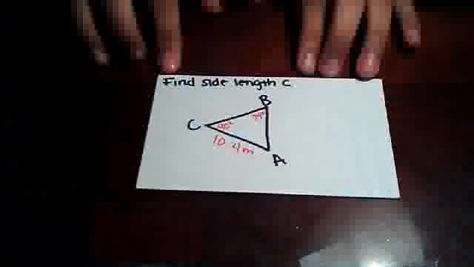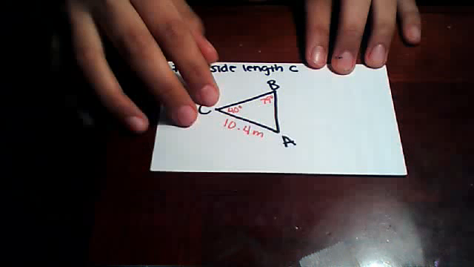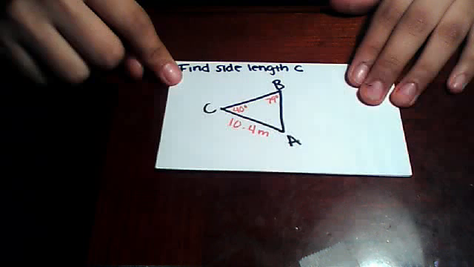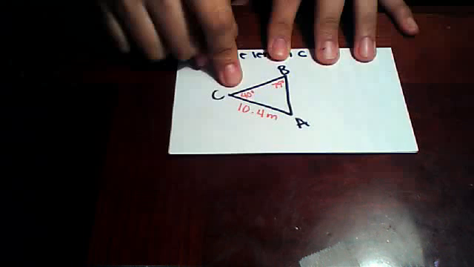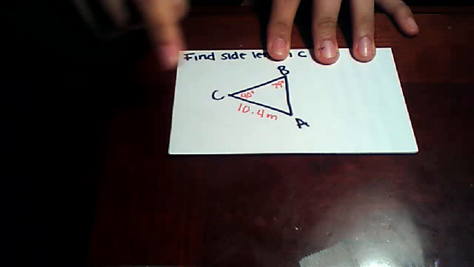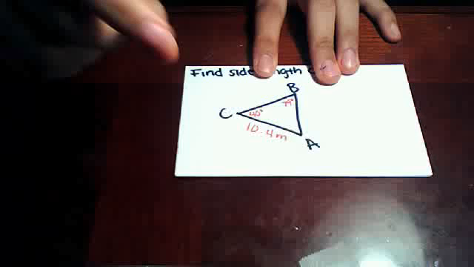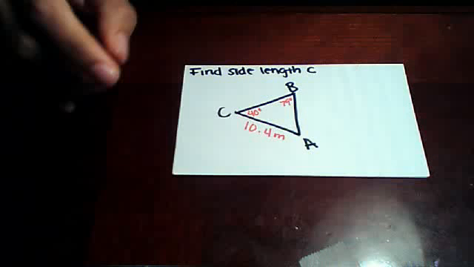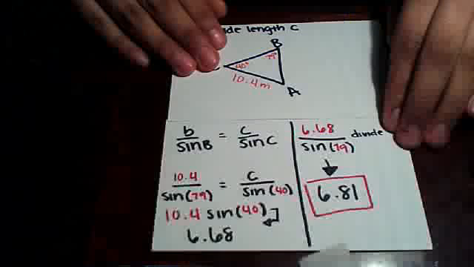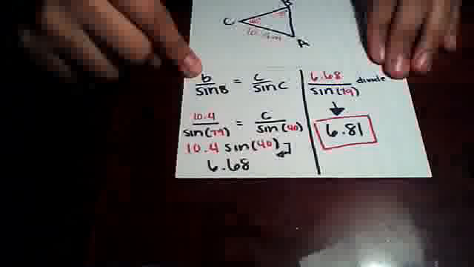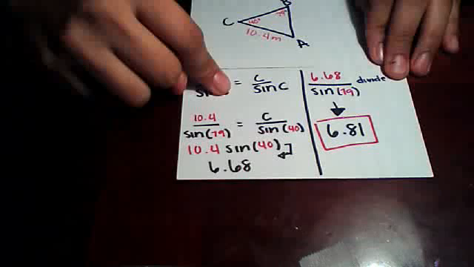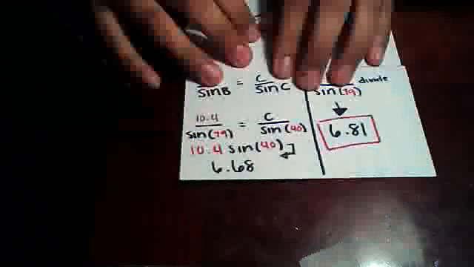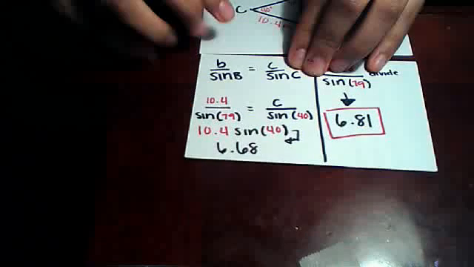Now to find the length, we're going to use the law of sines. So right here we have two angles, angle C and angle B, and we have side B. Then we would use B over sine of angle B equals C over sine of angle C. Right here I plugged in, so let's look at this.